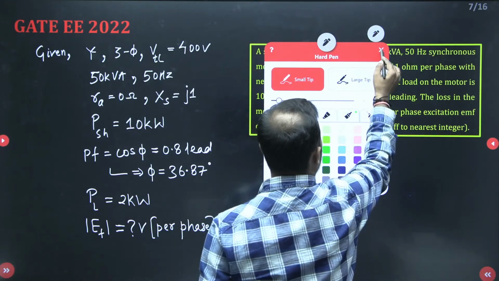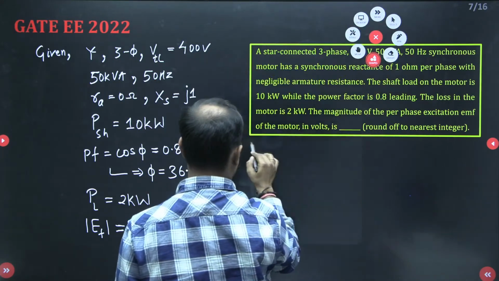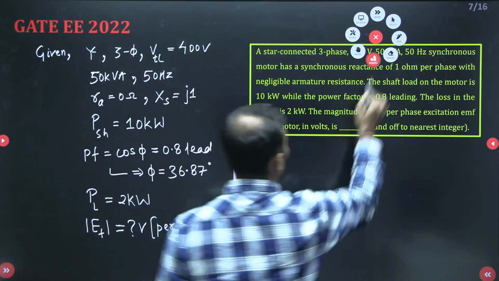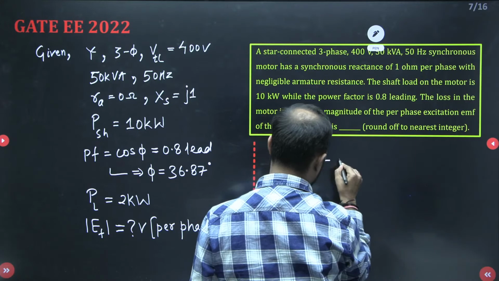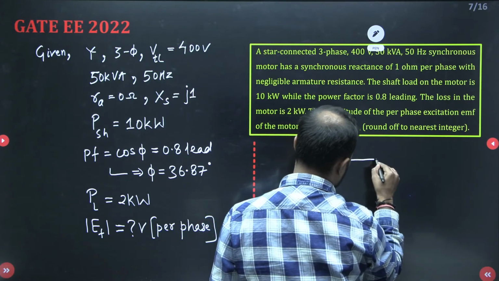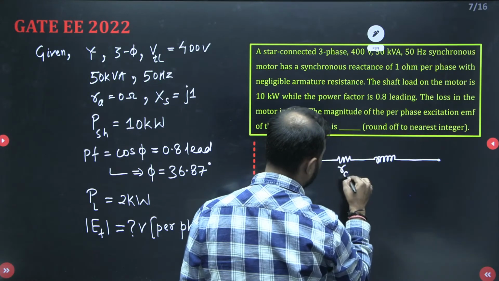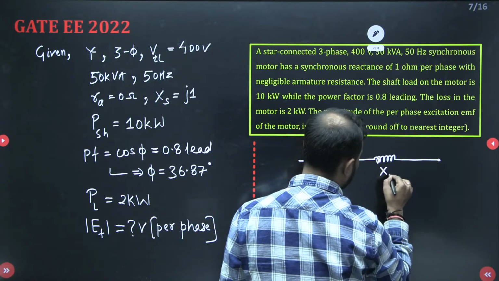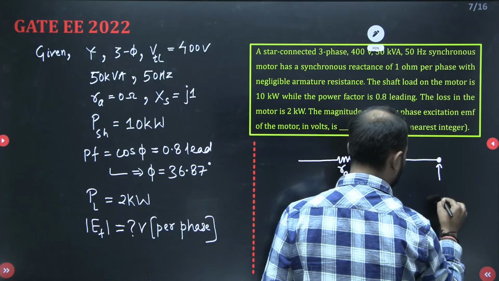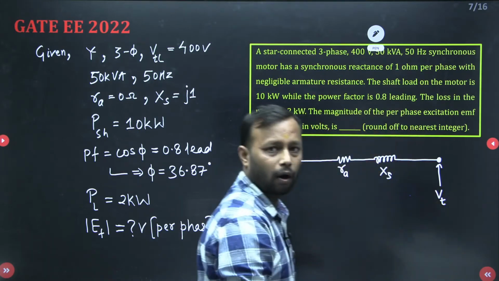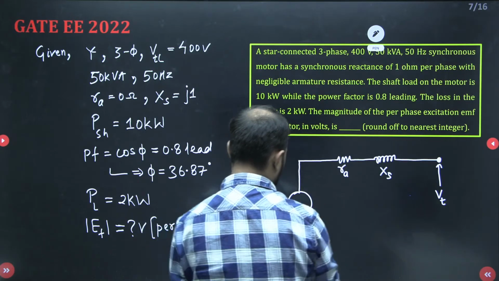Okay, so look at here. This is armature resistance, which is 0. In the question it is given. This is XS, and this is your terminal, which is VT. And here you are going to have the armature.